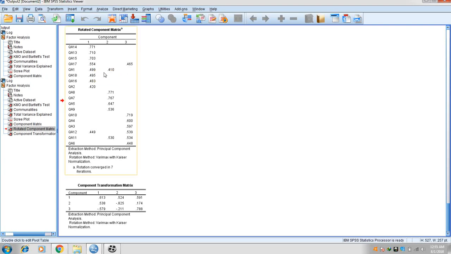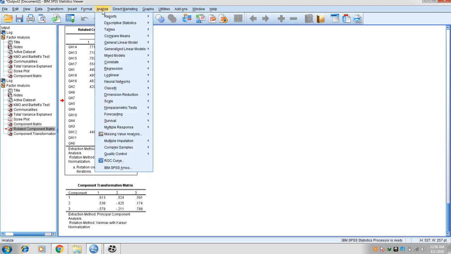And here is another item, question 1, it falls in factor 1 and factor 2, and the same is true for item 12 and item 11. This is called cross loading. So these are the problematic items found in your data set or in your questionnaire. So we have to delete these items, or we have to check this questionnaire with direct oblimin or oblique rotation.